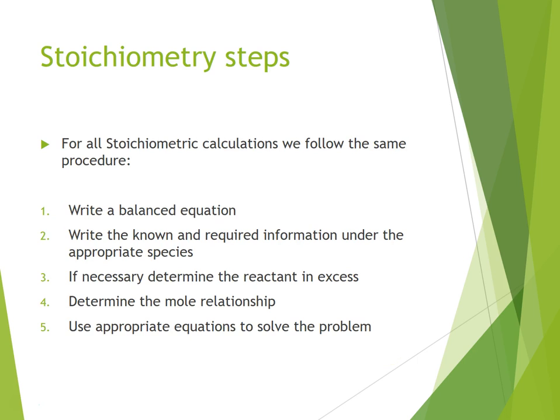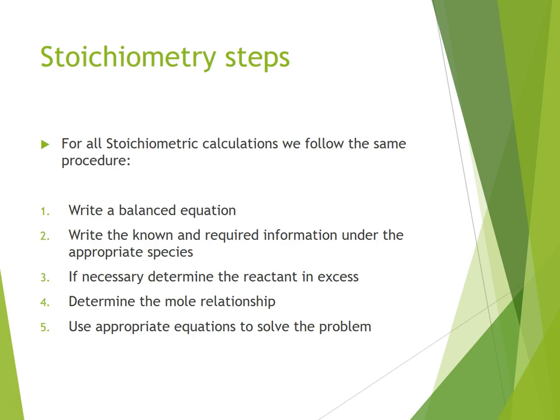If we follow the rules, much like we did with percentage composition, it makes it much easier to follow the logic and see how it's going. So the first thing we do is write a balanced equation. We can't do anything in terms of stoichiometry without writing a balanced equation. Then we write the known and required information. We get that from our question.